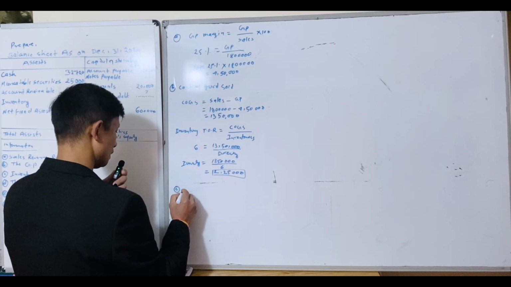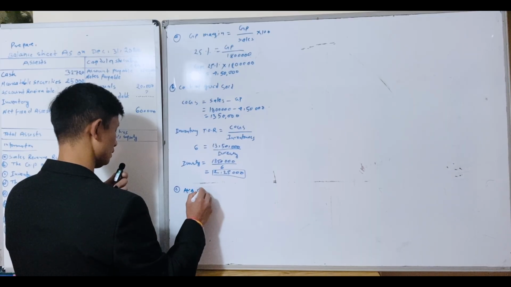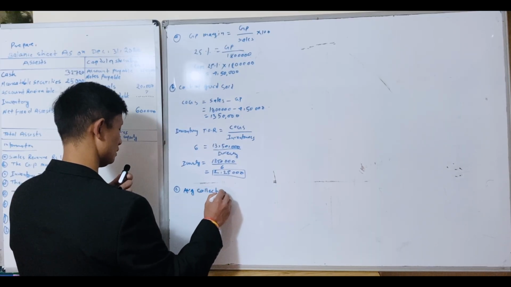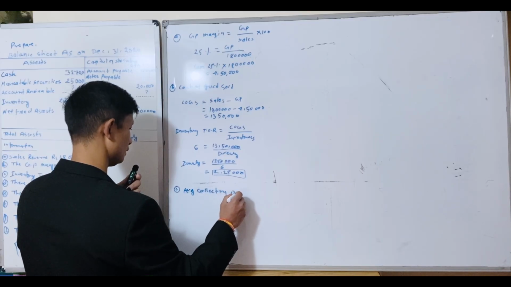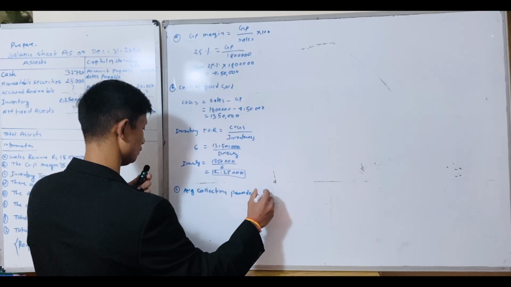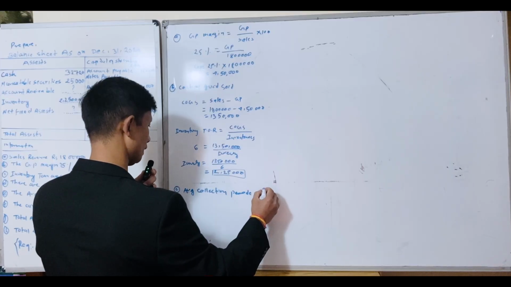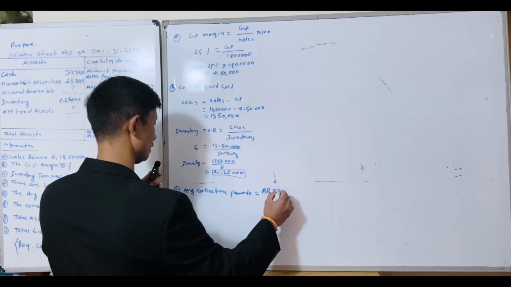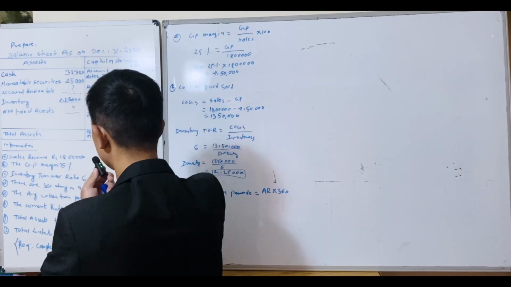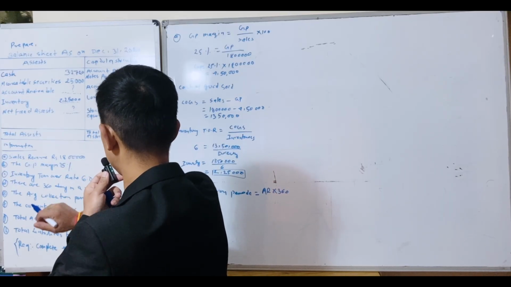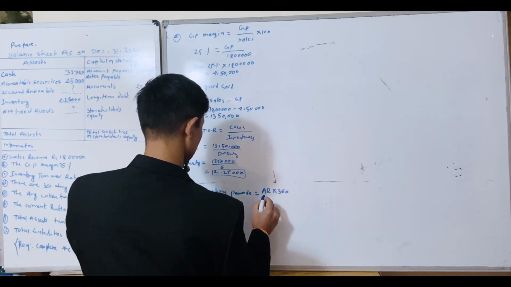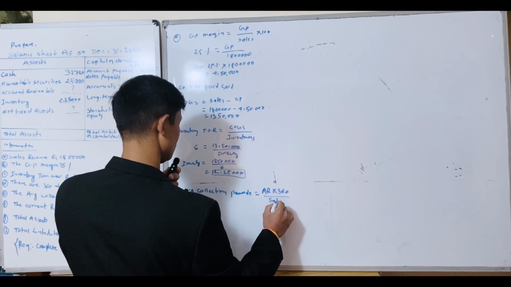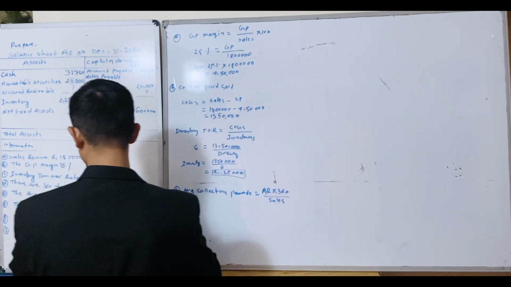The average collection period is equal to account receivable multiplied by 360, because we are given there are 360 days in a year, divided by sales. So let's put all the informations.